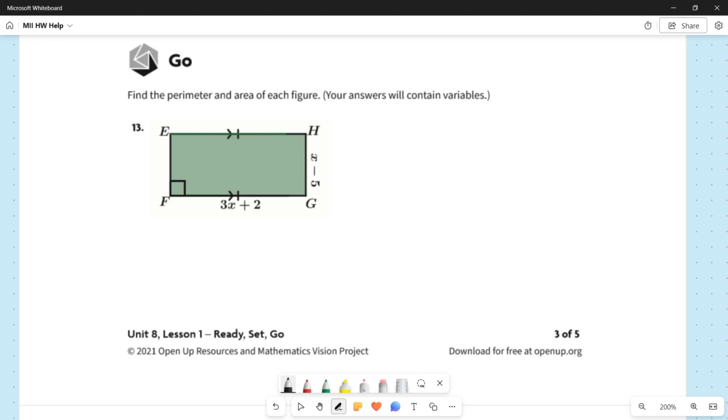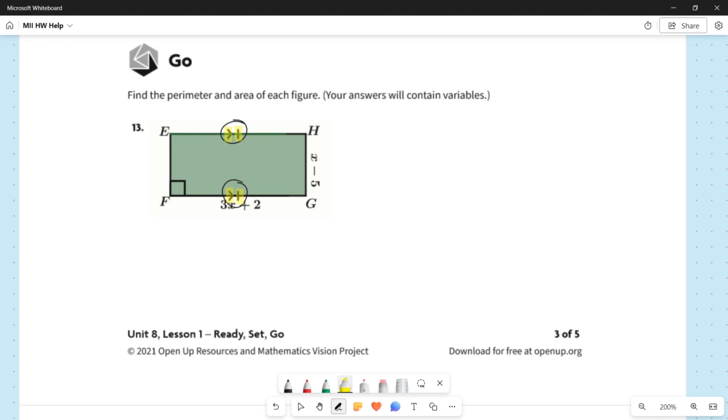The symbols here and here tell us two things. The arrows tell us that EH and FG are parallel to each other, so they will never intersect. And the fact that they have the same number of hash marks tells us that EH and FG are congruent. That means that they have the same length.